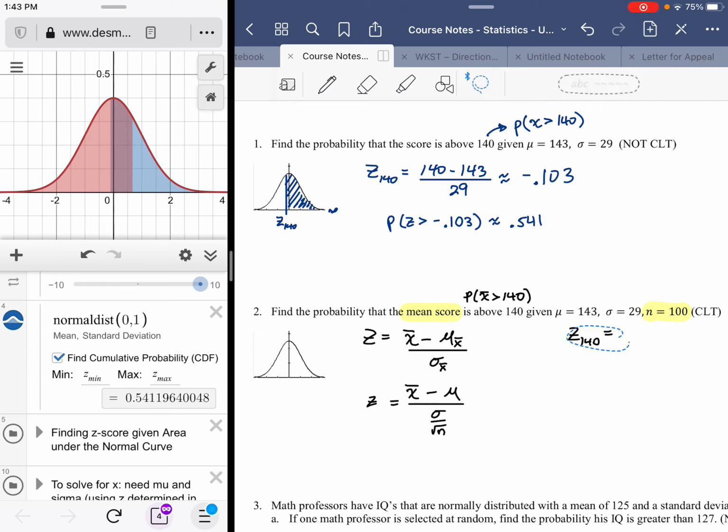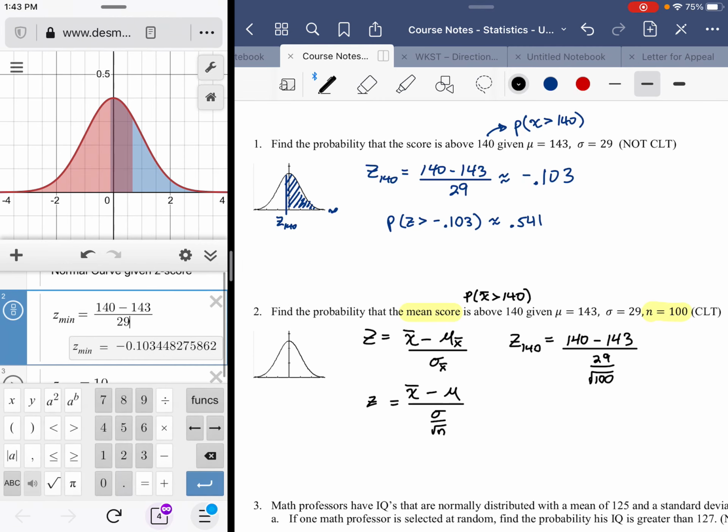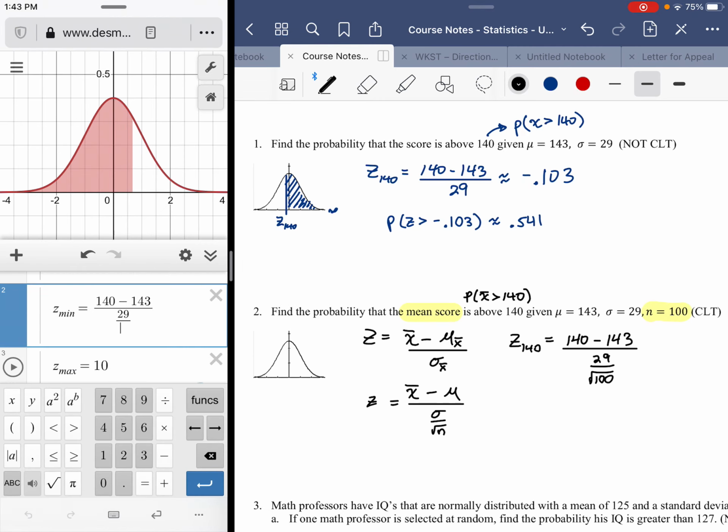So when I want to find z sub 140, I've got my 140, my 143, over 29 over the square root of 100. Now you just type that in. On the low bound, there's really not much to change except to make it over the square root of 100.